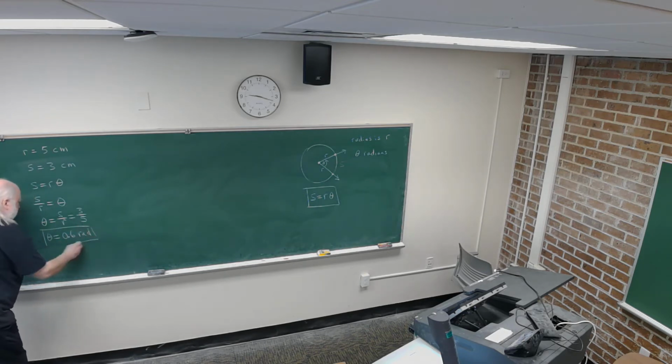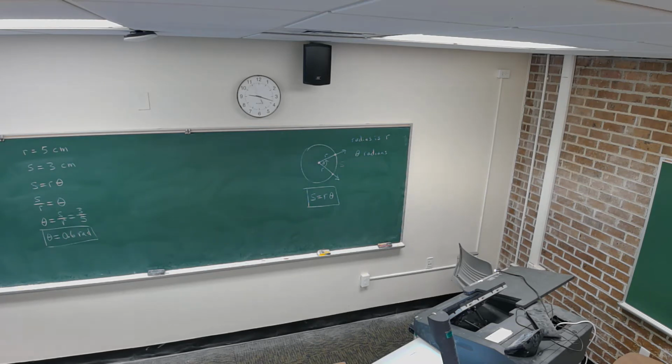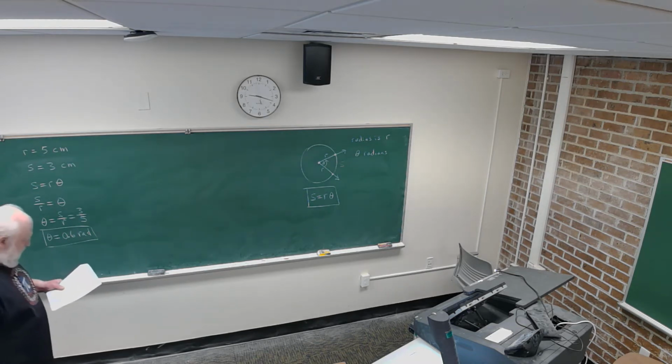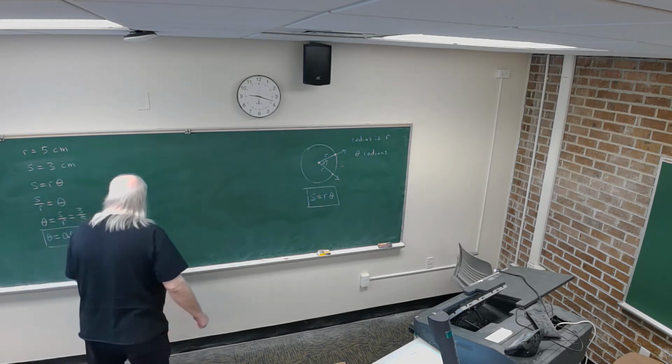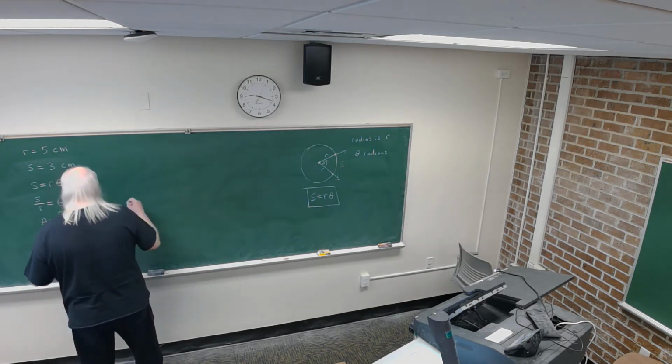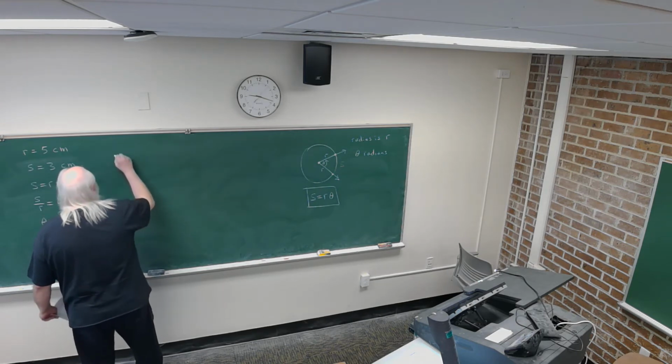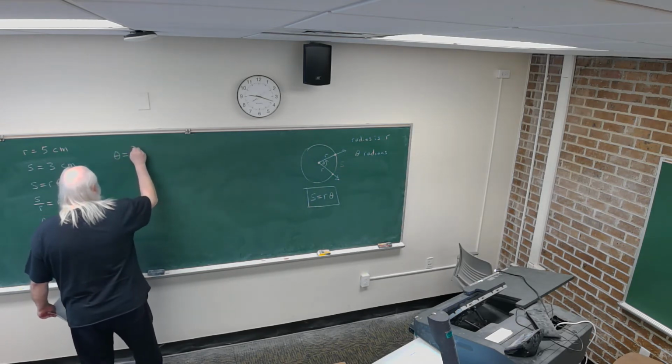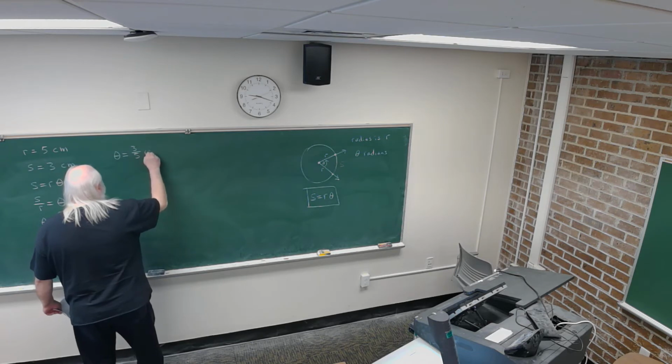You can write it as 3/5 radians too. Theta is equal to 3/5 radians.